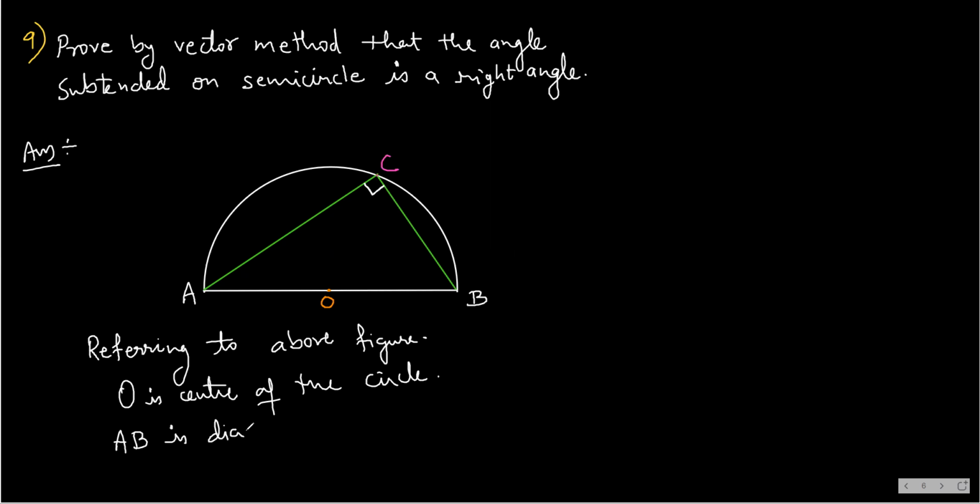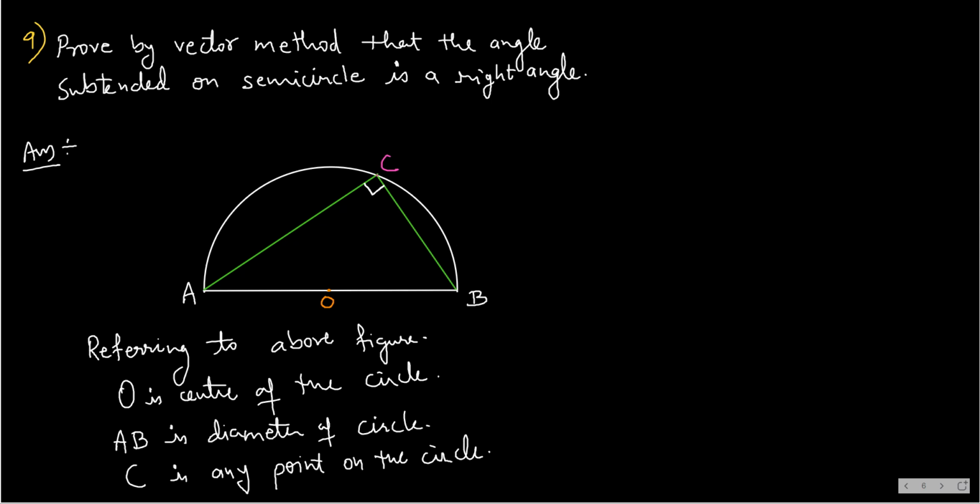AB is a diameter of circle. C is any point on the circle.